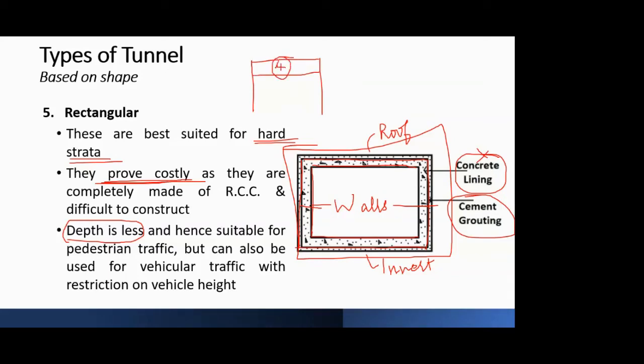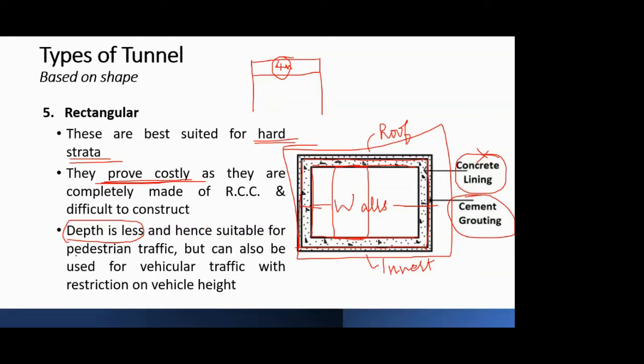Suppose 4 meter is the limit. If your vehicles above 4 meter go, they are going to get stuck. This has happened a lot of times. If you follow the news in PCMC, in the grade separators a lot of times vehicles or huge containers have got stuck due to the less height. So you should keep that in mind.